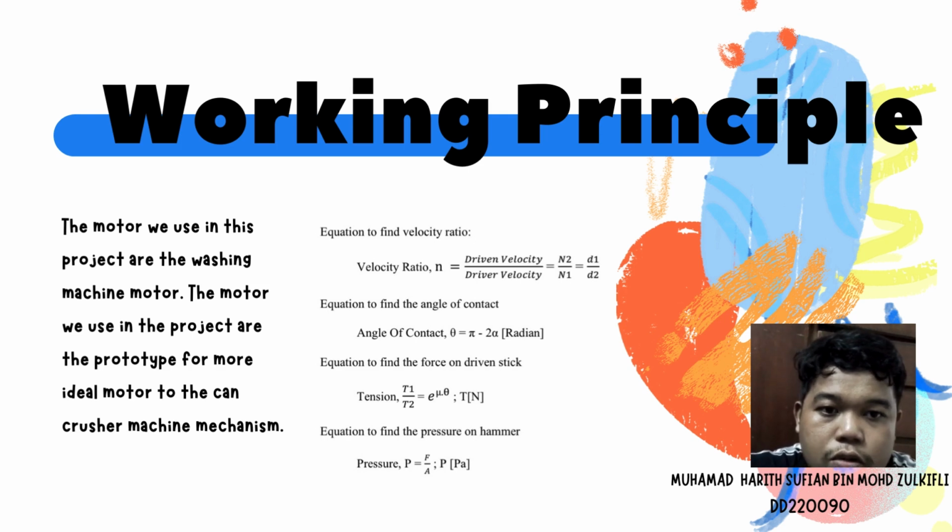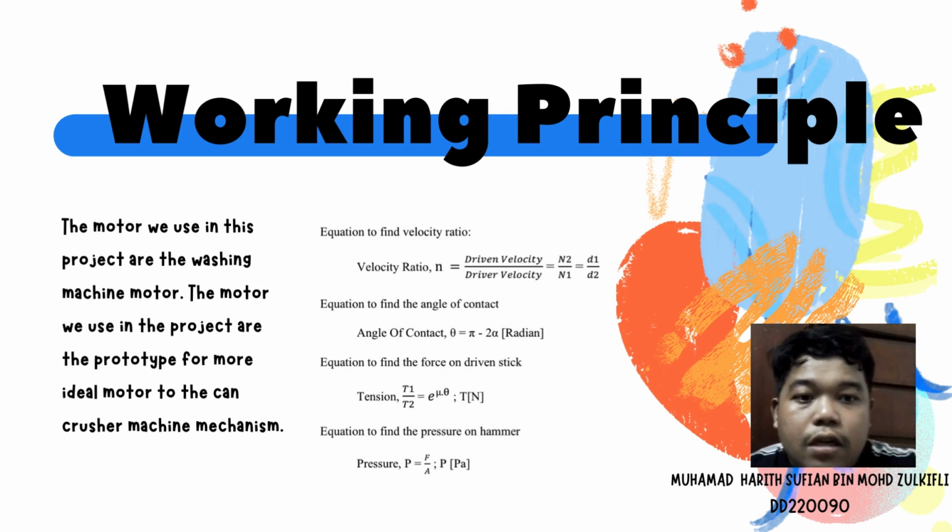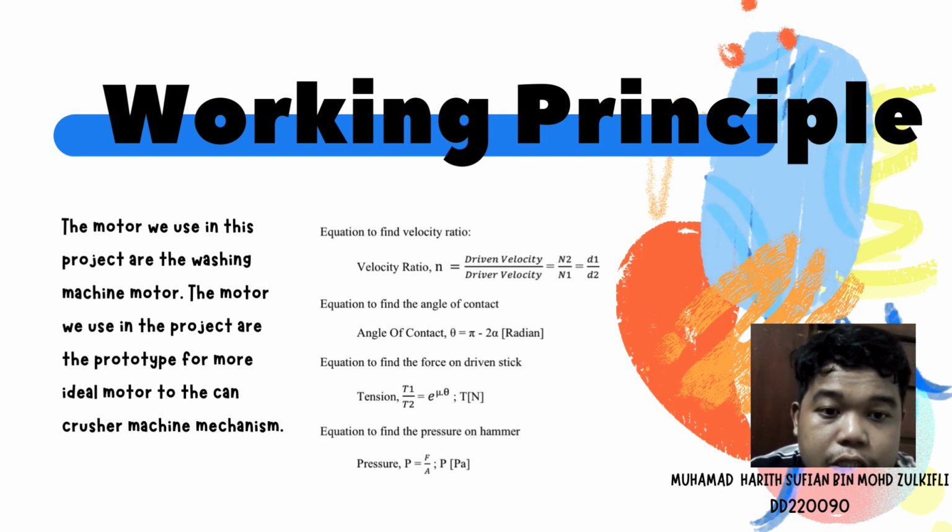Next, the equation to find the angle of contact: angle of contact theta equals alpha minus 2a radian. Next, the equation to find the force on the driver side: tension T1 over T2 equals e to the power of mu theta. And lastly, the equation to find the pressure on the hammer: pressure P equals F over A.